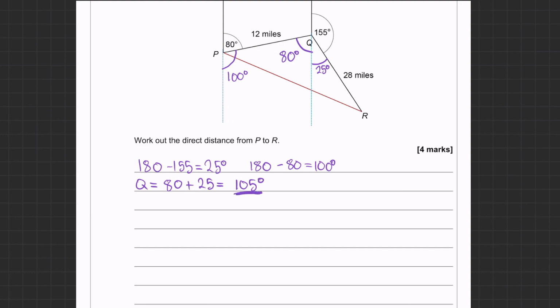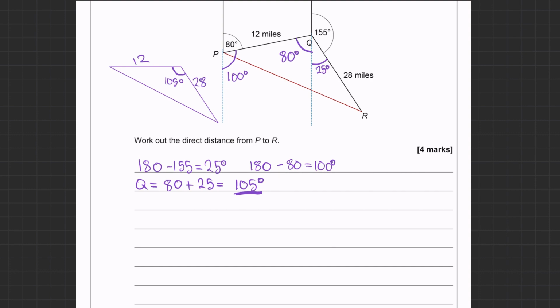This is a vital bit of information, because if we redraw the triangle, not like that, because that is far too right-angled, something like that, we've got 105 degrees, we've got 12, and we've got 28 miles.